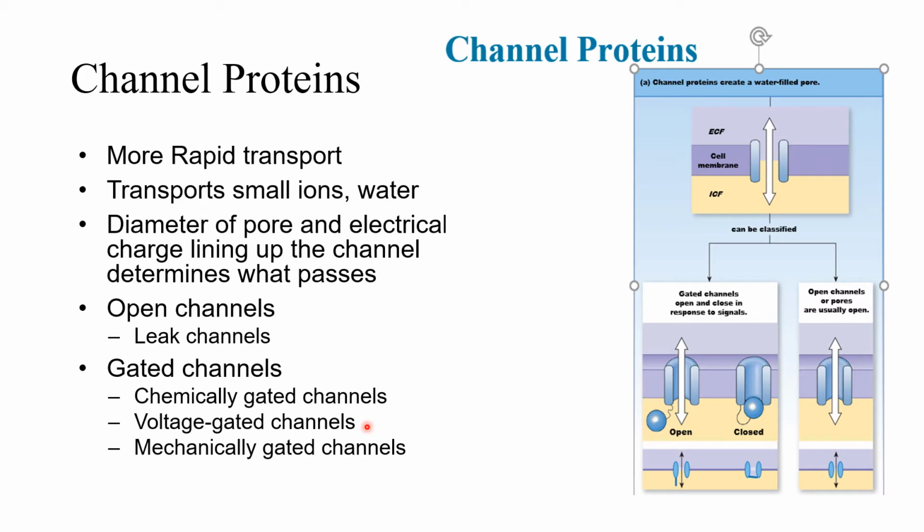So if the electrical state inside of the cell varies, that's what's going to trigger those gated channels to open. Some of them are mechanically gated, and so those are only going to open if, let's say, the temperature increases or if the pressure inside of the cell increases.